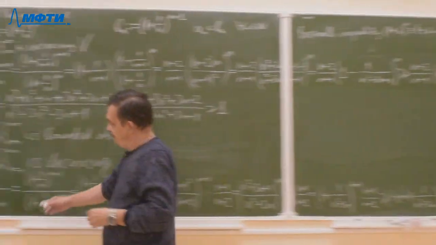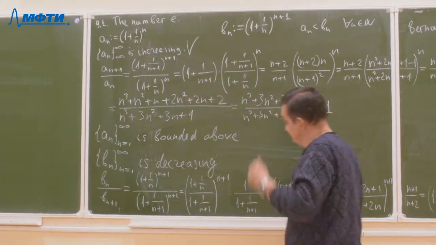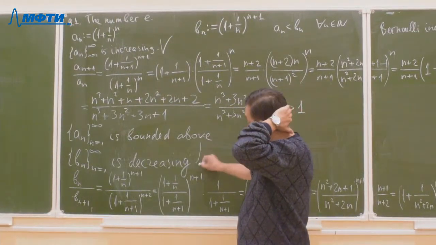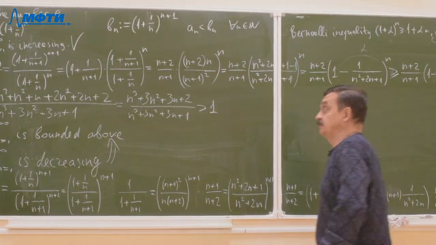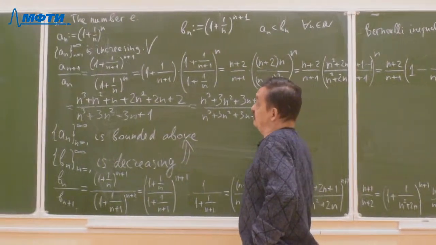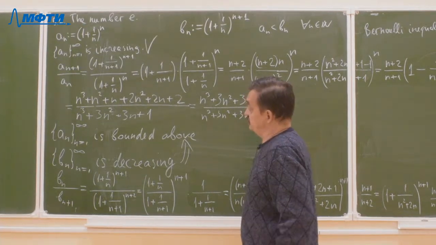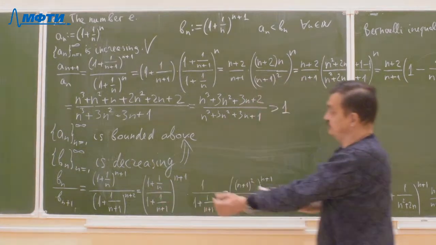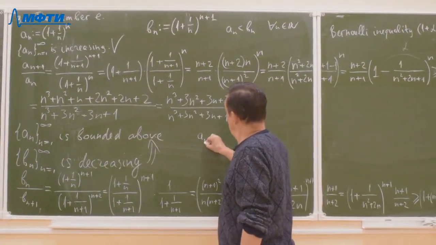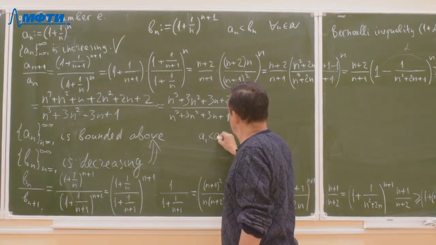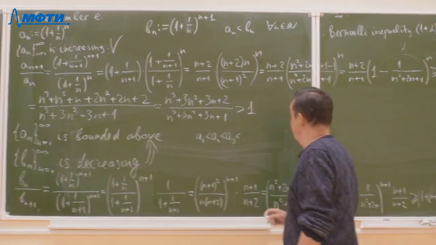We have proved Bn is greater than Bn plus 1, so Bn is decreasing. And why does it imply our second claim? Because look what happens now with our sequences. Let me write the chain of relations between An and Bn. So A1 less A2 less A3 and so on.